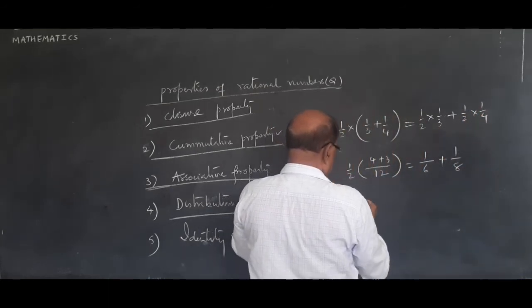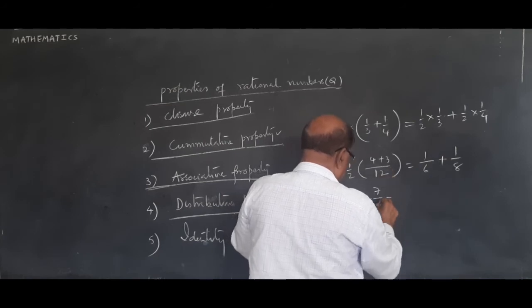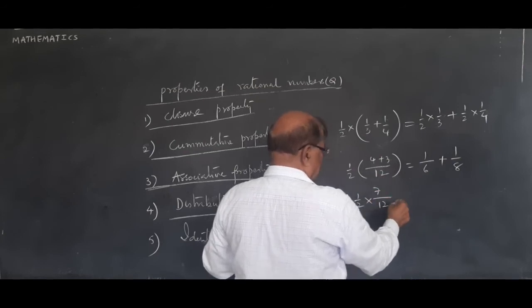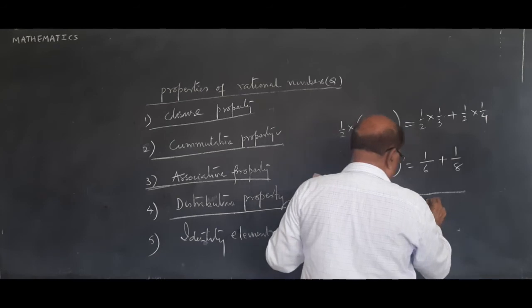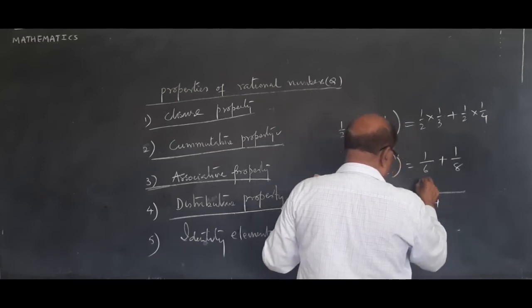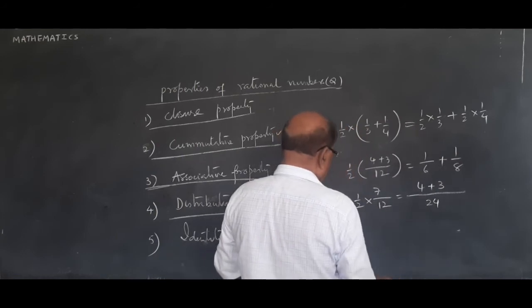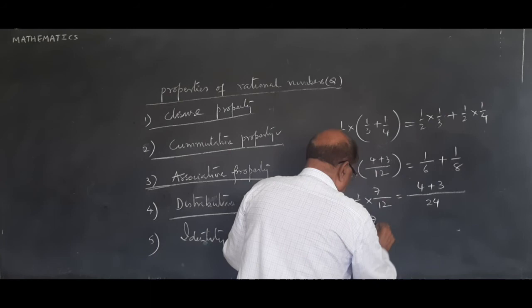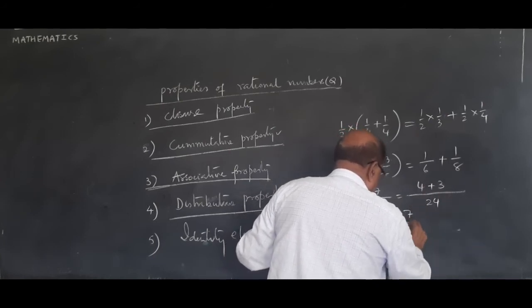Now if you observe carefully, this is 1 by 2 into 7 by 12. If you add 4 plus 3, 7 by 12. So this is equal to, take LCM, it is 24. 6 4s are 24, 8 3s are 24. So here 7 1s are 7, 2 12s are 24, which is 4 plus 3, 7 by 24.